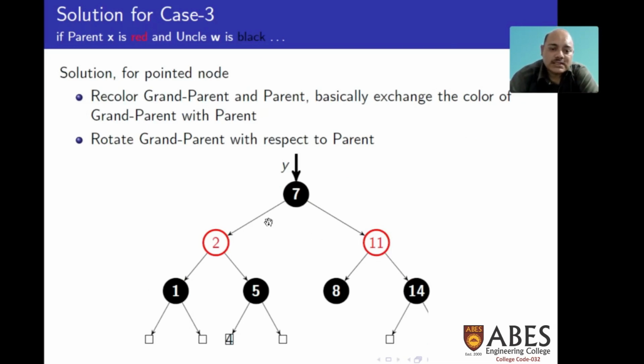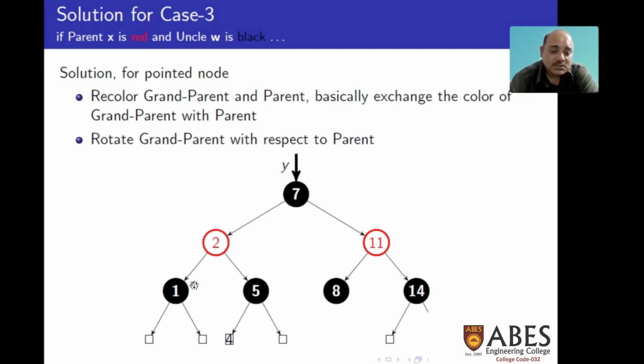Now you can see that each and every node is balanced. Now 7 is black in color, and 7 does not have any parent. So that means it's a root node and its color is black. First property is satisfied. 7's children, 2 and 11, both are of red color. 2 is red and its 2 children, 1 and 5, both are of black color.